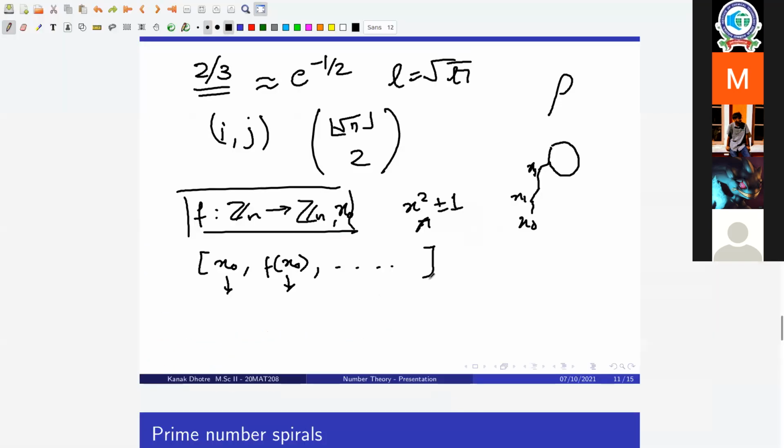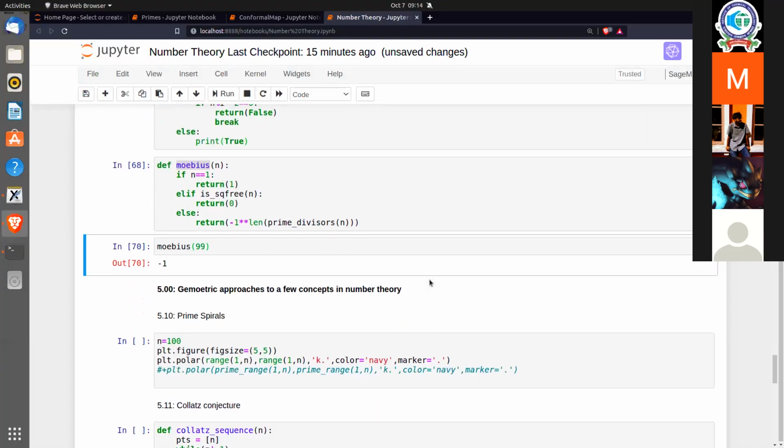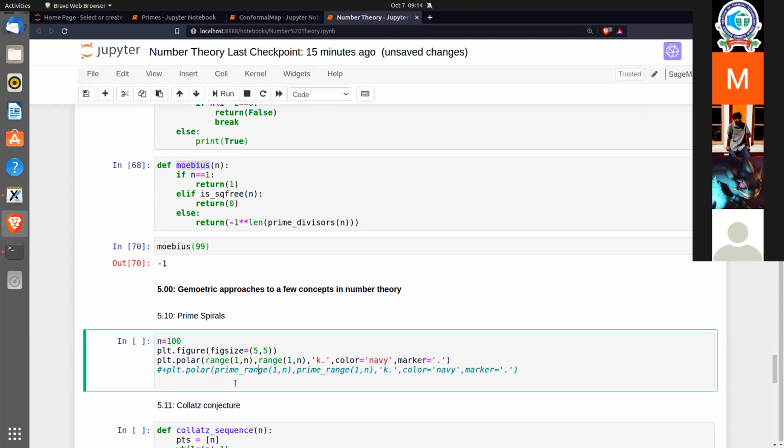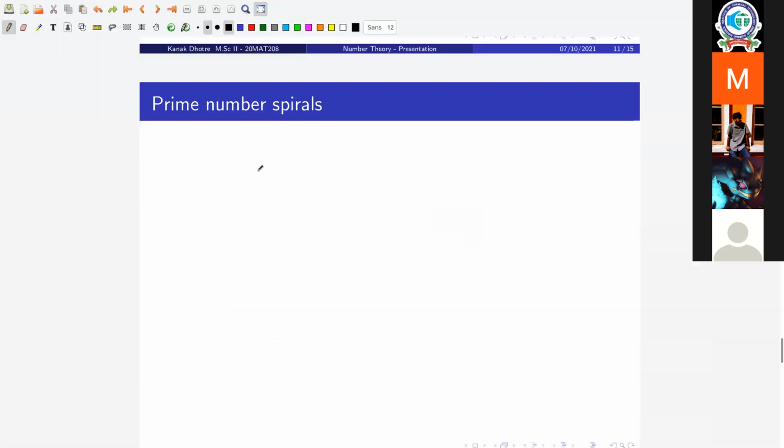Now I want to cover a few geometrical aspects of number theory. They're not truly geometrical, but in some sense we can say that. So let's start with this plot. What I'm doing is essentially considering this polar plot here, right?